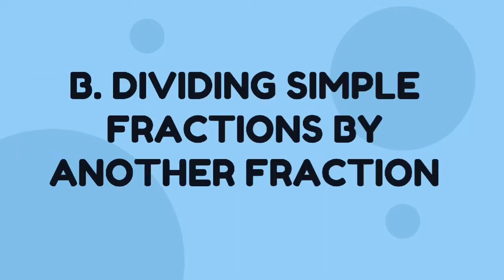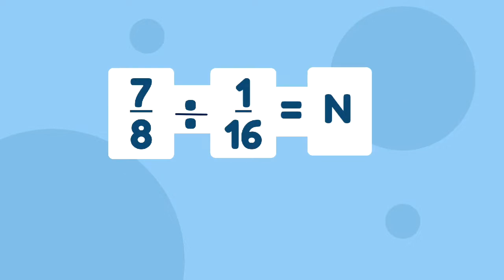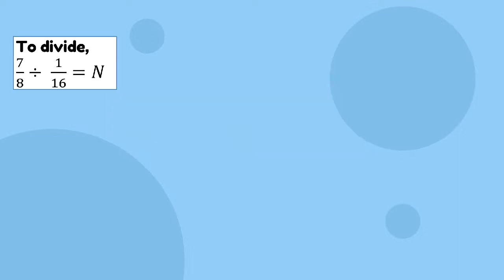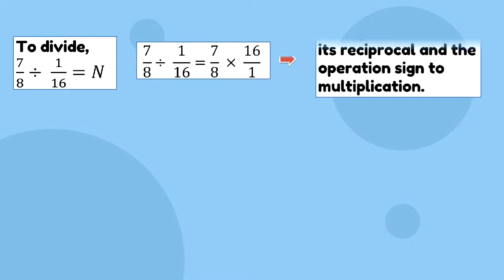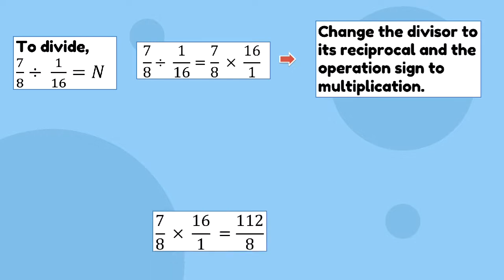This time, let's do dividing simple fractions by another fraction. Let's solve for the answer in 7/8 divided by 1/16. To divide 7/8 by 1/16, first we have to change the divisor to its reciprocal and the operation sign to multiplication.